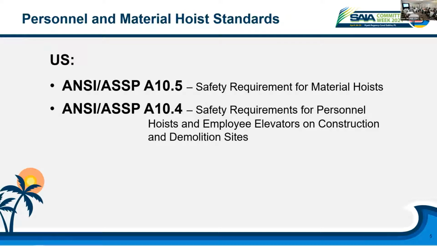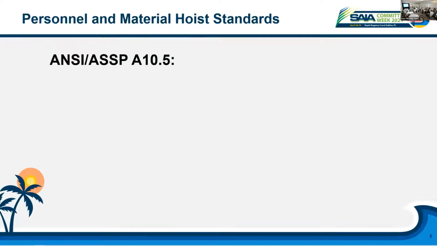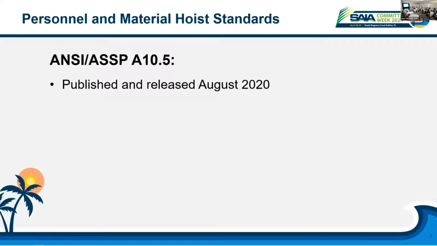Now, we did this big project on the A10.5 where we just rewrote the whole standard. A lot of people in the SAI helped with this. There's a lot of us in the A10 committee, A10.5, and we actually got that standard published, and it's been released since August of 2020.